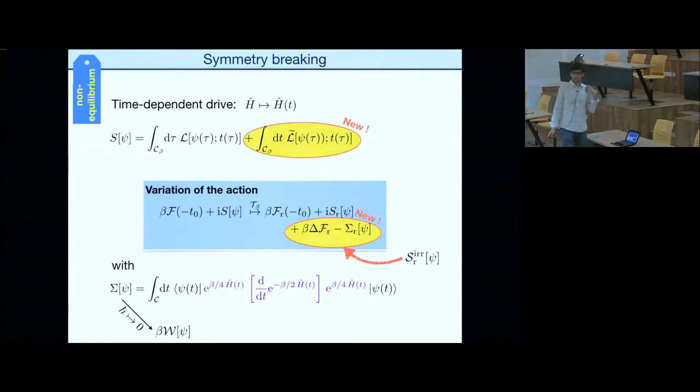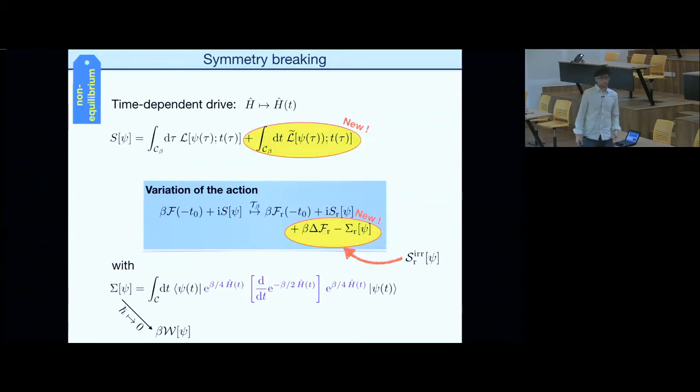It's not particularly nice looking, but I can take different limits to understand it. I can take the classical limit, h bar goes to 0, and I see that this object is basically work times inverse temperature, the power generated by the force I'm exerting on my system.